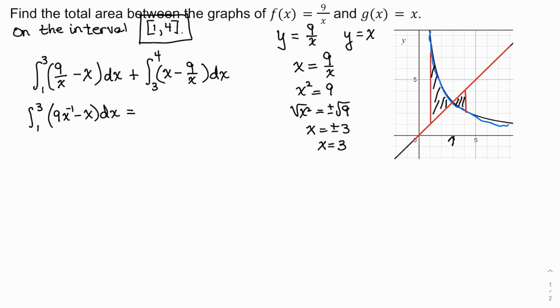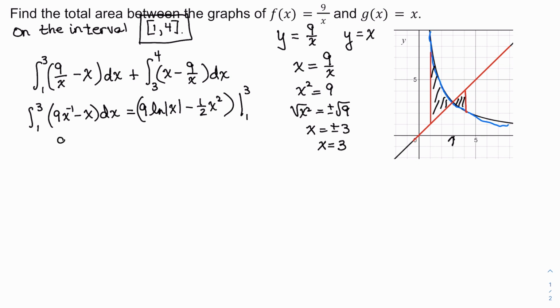And remember, that's the case that goes back to the natural log. So I have 9 times the natural log of the absolute value of x, and then minus, for my x to the first power, I can use the general power rule and get 1/2 x squared. And we are going to evaluate that from 1 to 3.